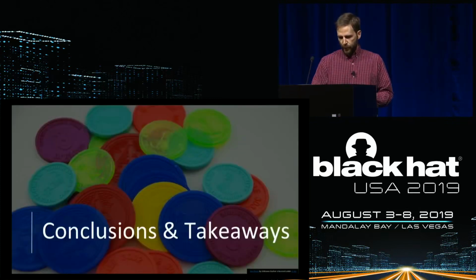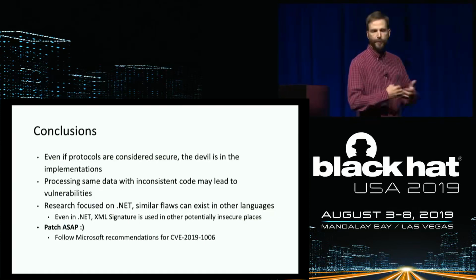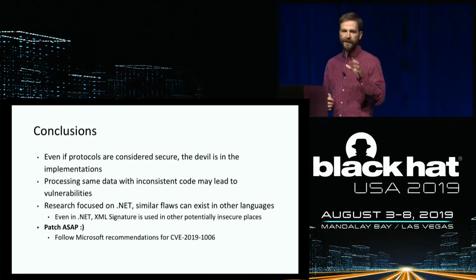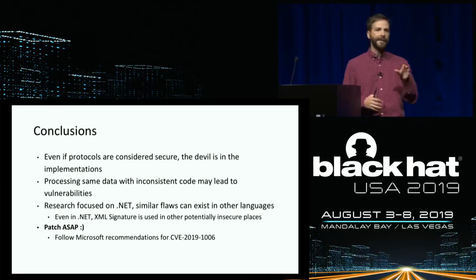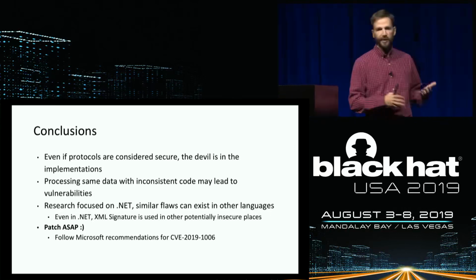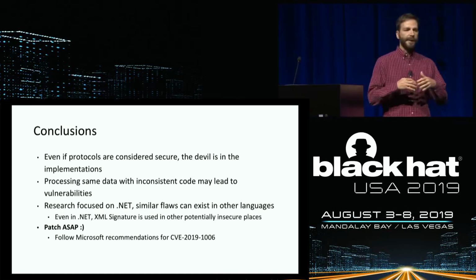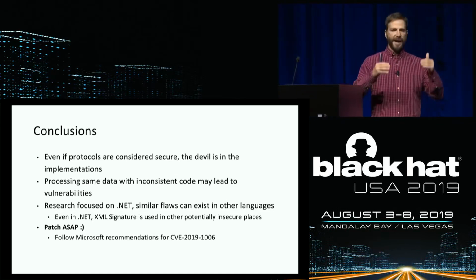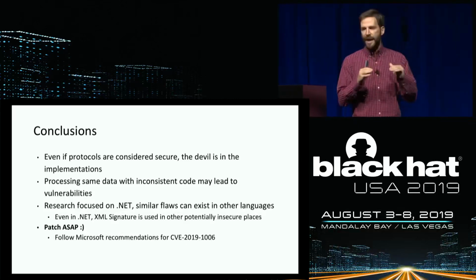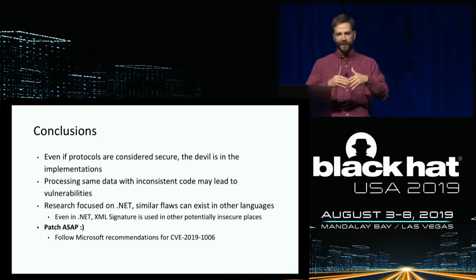So, conclusions and takeaways. First of all, we're not saying that SAML or WS-Federation are insecure protocols. In this case, this is a design flaw in the implementation, specifically in the .NET implementation of the XML signature verifiers. Actually, the root problem here was that we had these two different methods which were taking user-controlled data, and they were inconsistent in the sense that we were able to force them to return different objects.